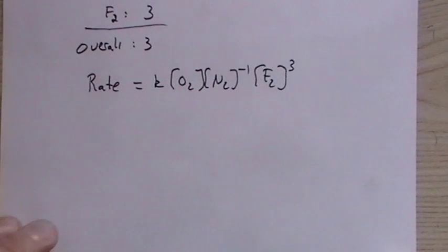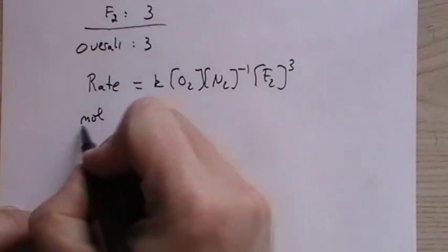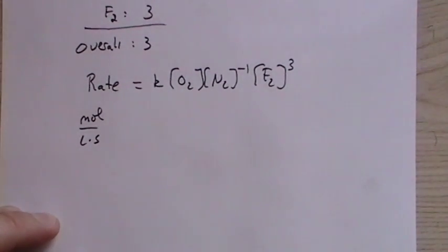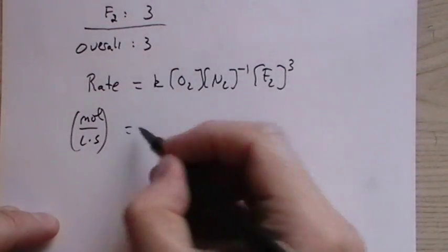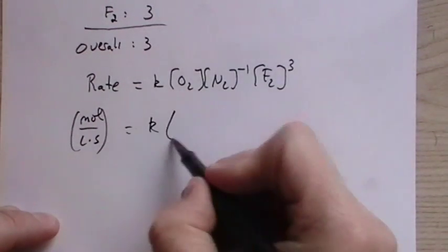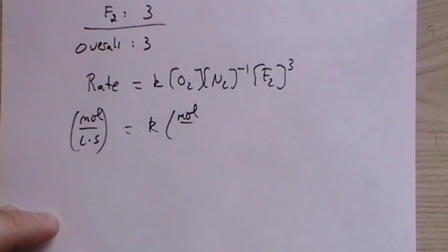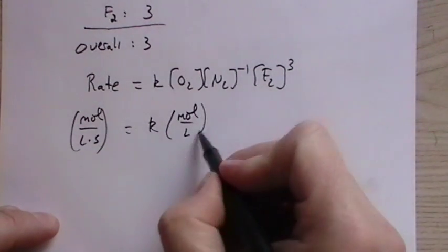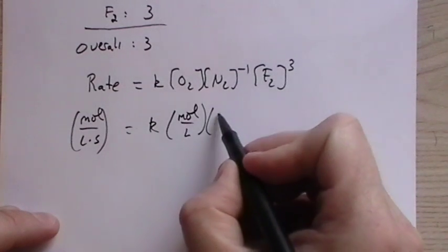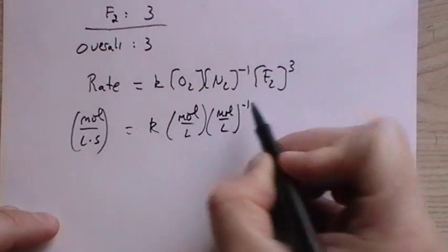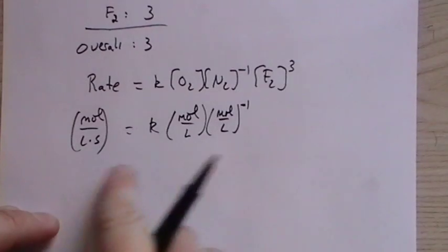Okay. Now the rate is moles per liter per second. And it is better to break it up now that I've been working with these again. It's been about 6 or 7 months since I did these, so got to be careful. Now that I've done it out, it's better to break it up into moles per liter.